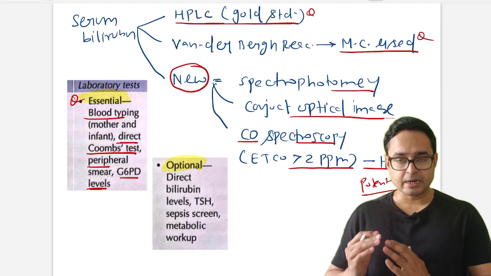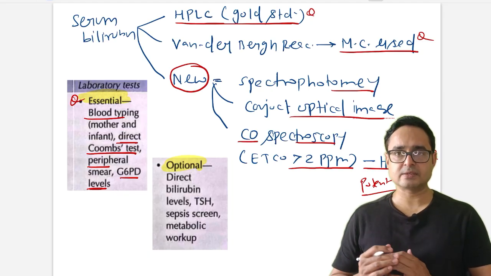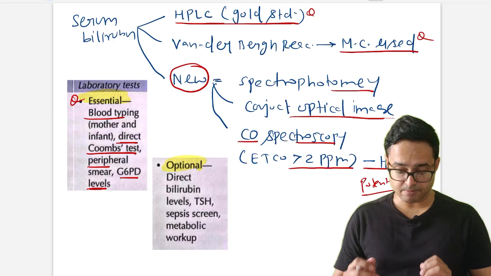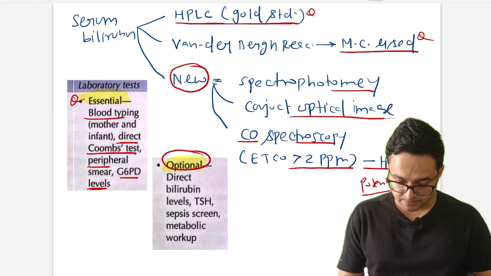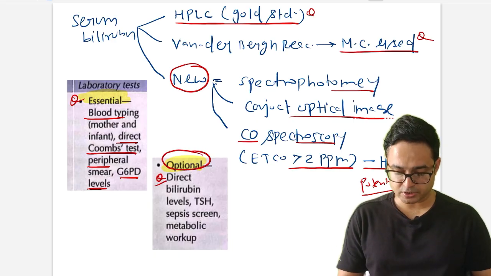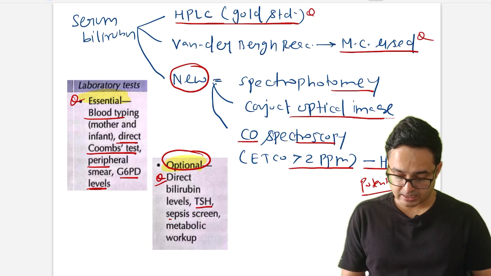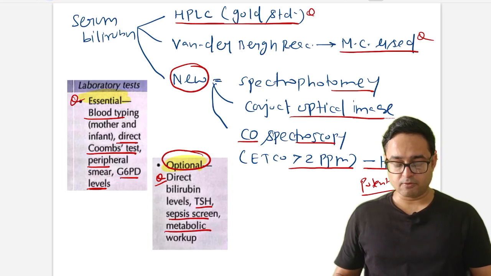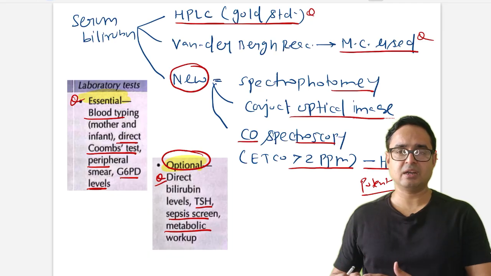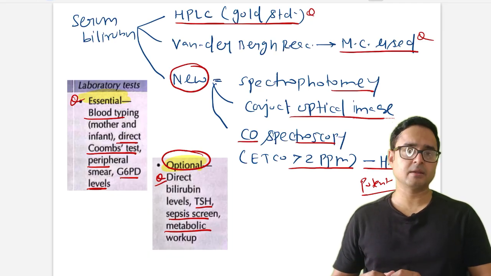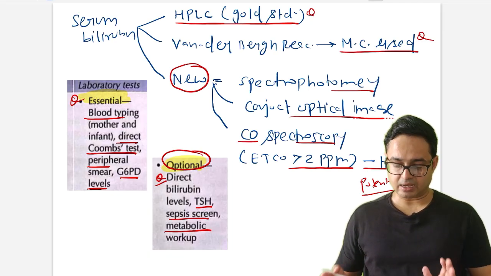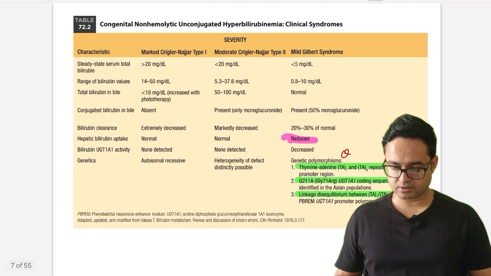Blood group, direct Coombs test, peripheral smear, and G6PD. Optional: direct bilirubin is optional in neonates. Okay, TSH, septic screen and metabolic workup. So what are the essential and what are the optional laboratory tests required in a neonate? It can be asked as a stand-alone question.